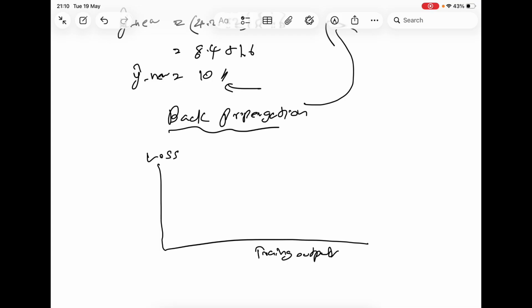The neural network has to go through many rounds to achieve that, and in most cases it won't reach this zero target. So this is how the graph looks. The more training rounds there are, the more the loss will gradually decrease.